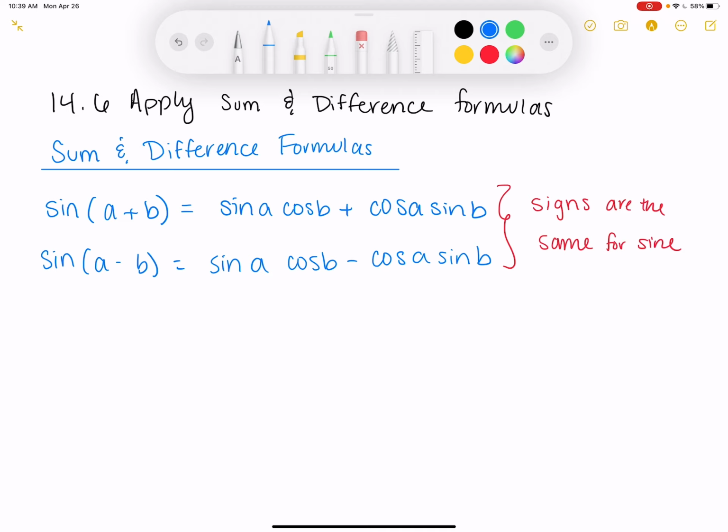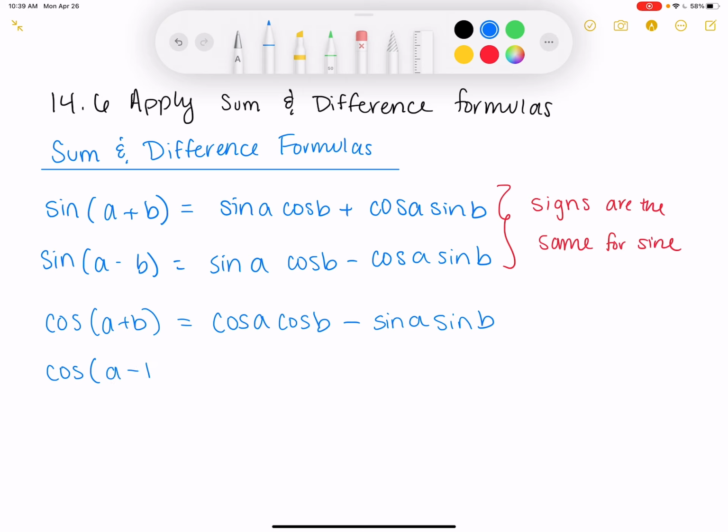All right, cosine of A plus B equals cosine of A, cosine of B, minus sine of A, sine of B. Oh, these are actually kind of easy to memorize, aren't they?